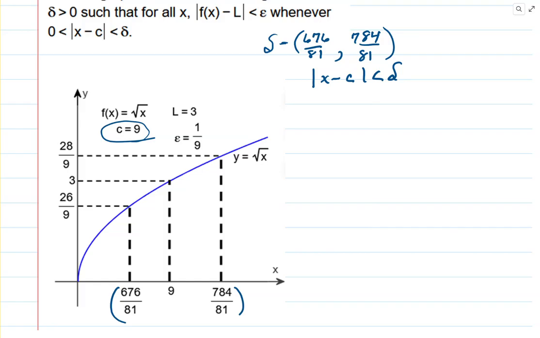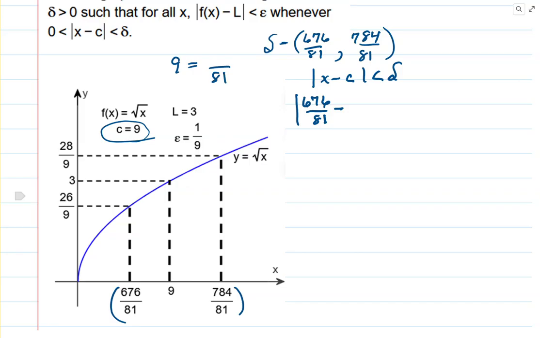And so we're going to insert these ugly things in there. I have 9 as C. I want 9 to be parts of 81, so how do I get 81?